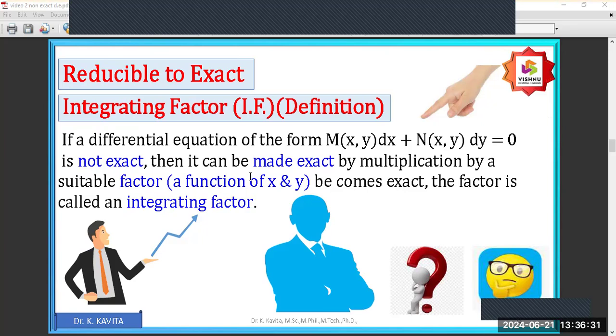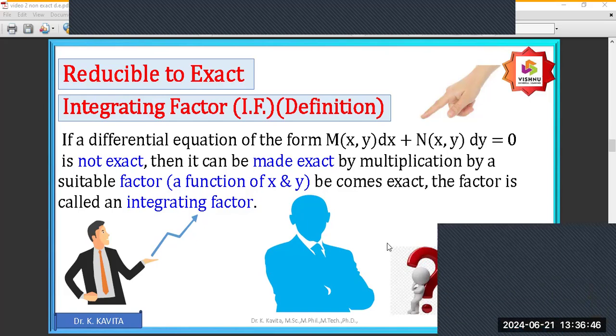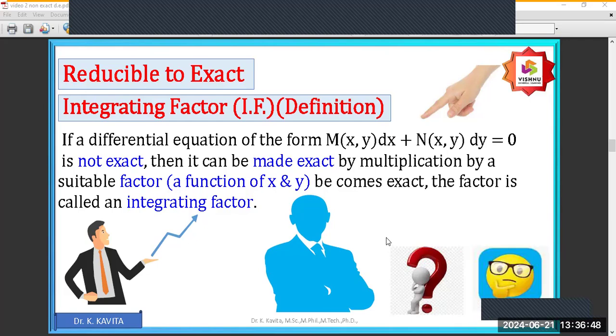If the given differential equation is not exact, we need to convert it into an exact differential equation. The first method, integrating factors, is very easy to apply but only for a limited set of problems, whereas homogeneous and non-homogeneous depend on the problem and we have to get the general solutions.